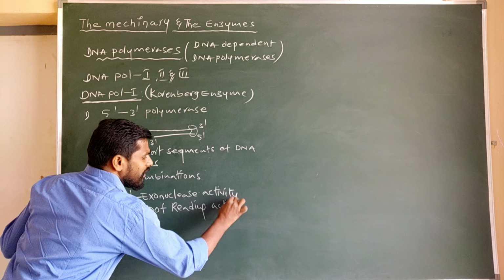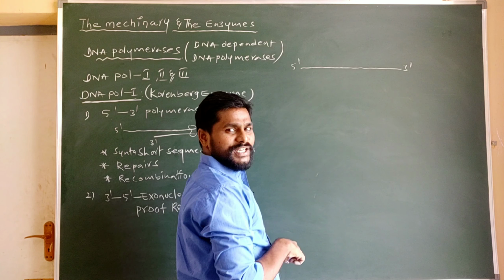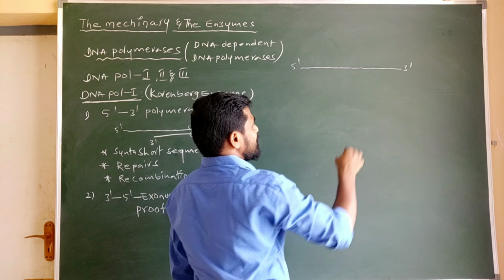Suppose, for example, this is a DNA strand of 3' to 5' polarity, which is a template, and DNA polymerase 3 is synthesizing a new strand by polymerizing nucleoside monophosphates. Say adenine is a nucleotide on the template, but DNA polymerase 3 unfortunately polymerized cytosine for adenine, which we call mismatched base pairing.